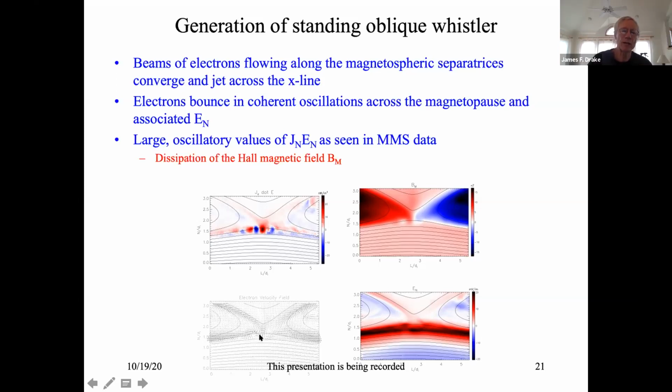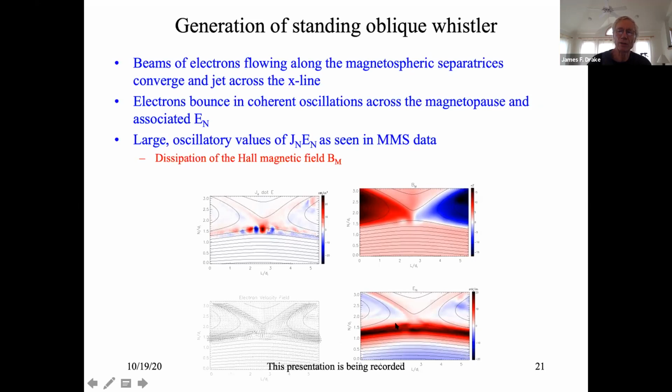I don't remember off the top of my head, but the electrons come through here and they bounce. And that bounce motion is linked to the size of this normal electric field, combined with the gradient in the magnetic field. So it's a combination of the electrons moving across here, hitting this magnetic field, turning around and coming back.